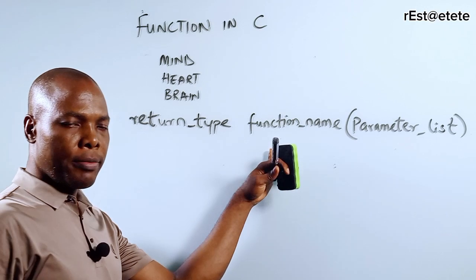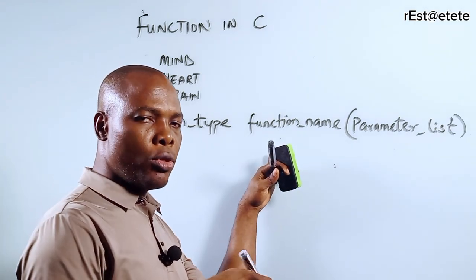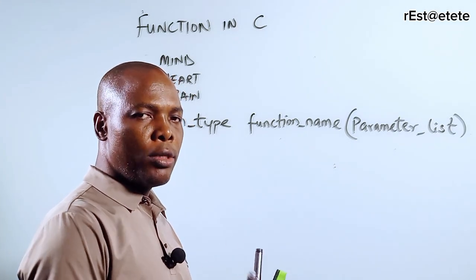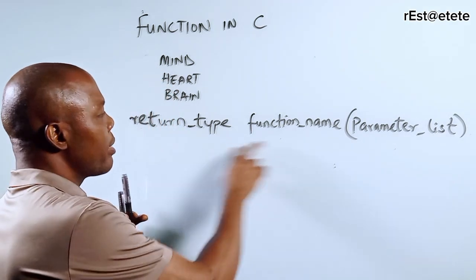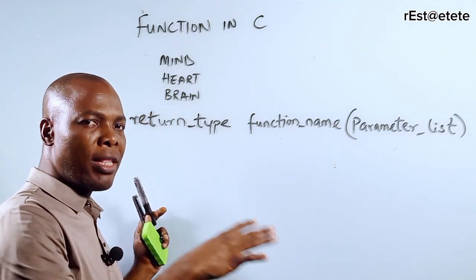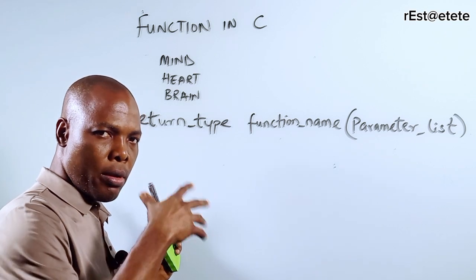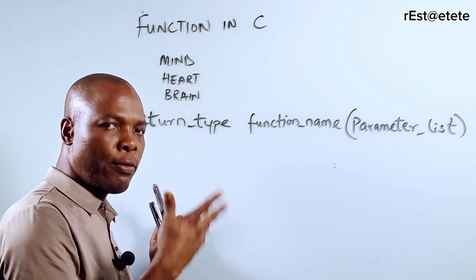This is the syntax. In the last class, I introduced a small function, which is to add two numbers. So that is the function name. Now, from this return type, we can actually extract four types of function.